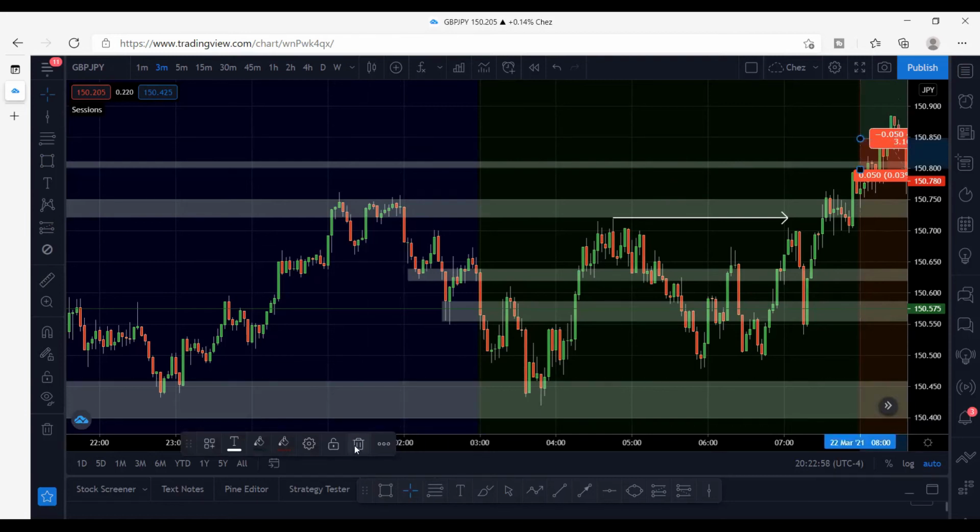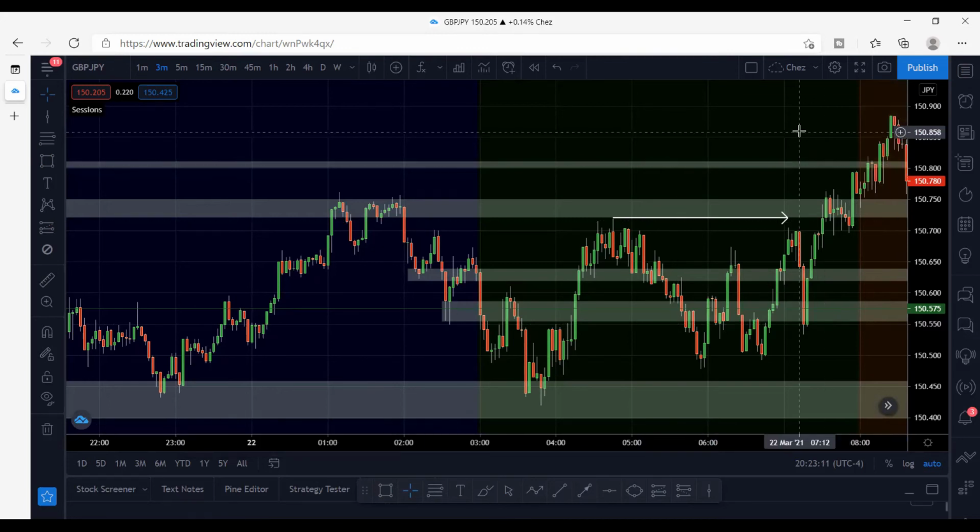The problem is unless you pay for TradingView or something like that, you're not going to get all the historical data. But okay, this is an uptrend obviously right here, so this could just be a pullback.